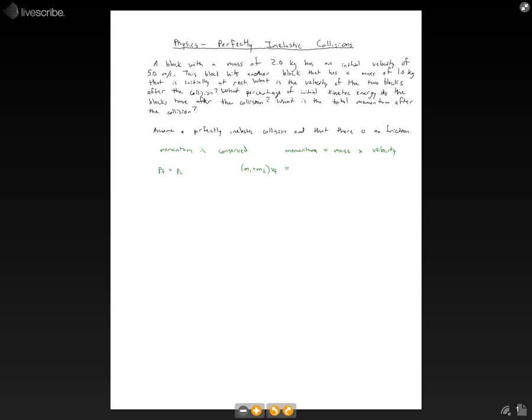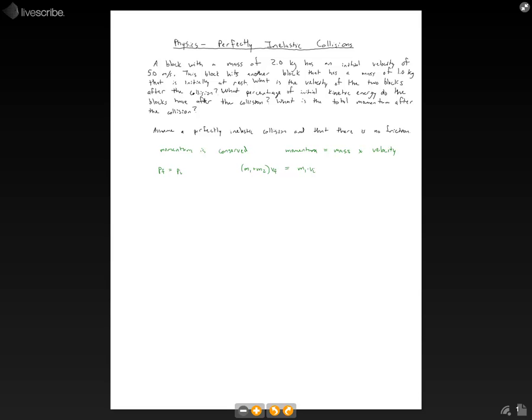And that should be equal to the initial momentum. The only block that has any momentum initially is the block that is moving. The other block that is initially at rest has zero velocity, so a velocity of 0 would give you a momentum of 0. So for this one we'll say that it's the first block multiplied by that first block's initial velocity.